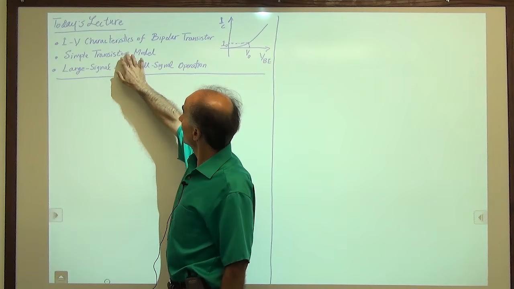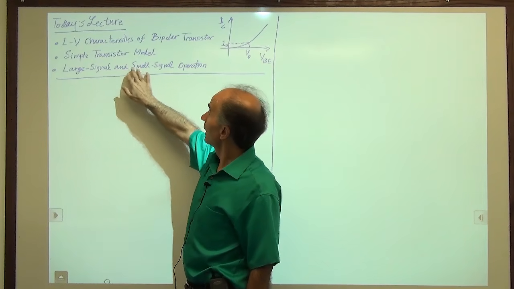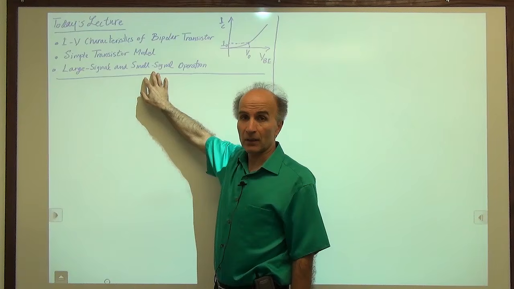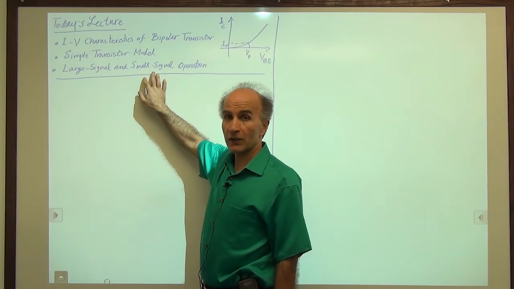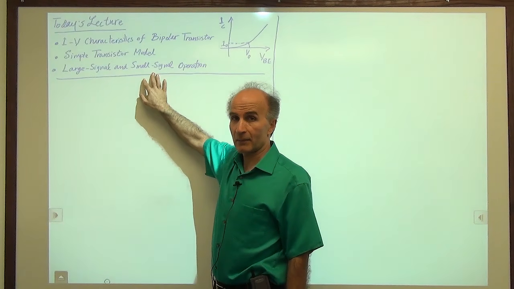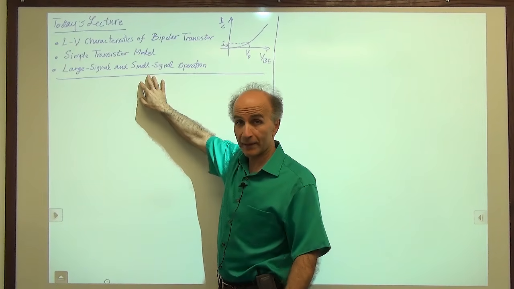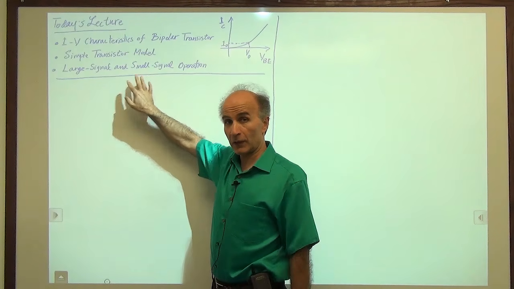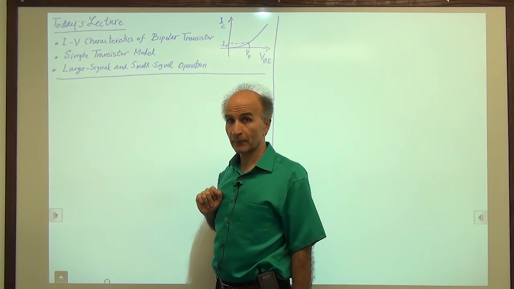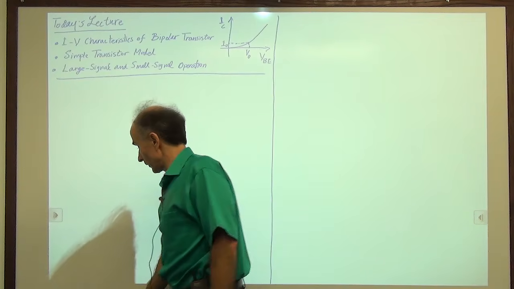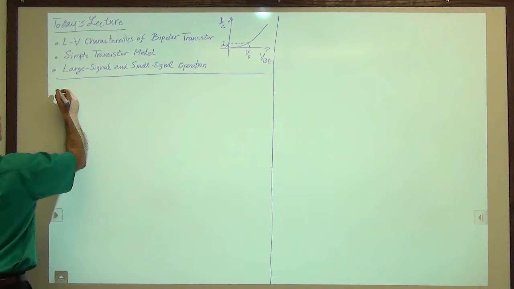And then from here, we naturally enter this distinction between large signal operation and small signal operation. We have to see what that means, why it is a big deal, and why we need to make that distinction. All right, so let's begin with a summary of the IV characteristics of bipolar devices.